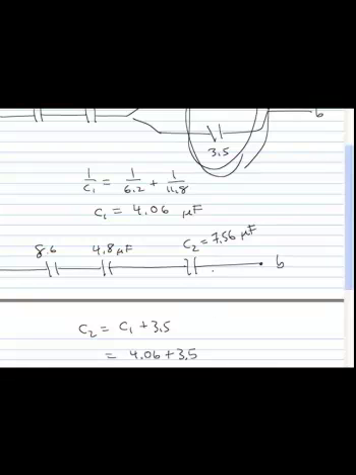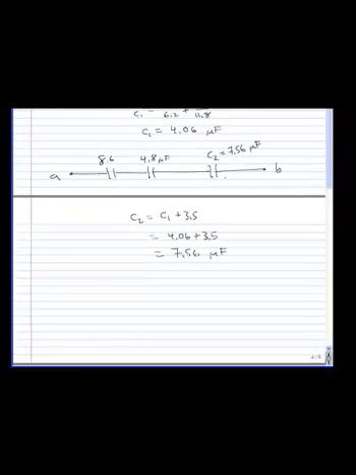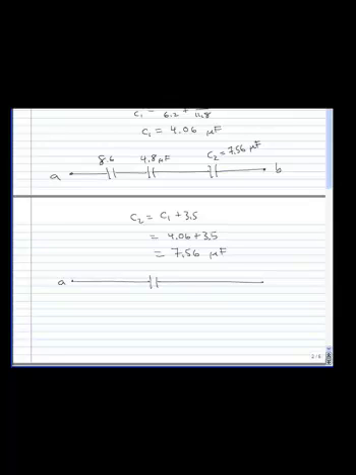And now I have three capacitors in series. So what I'm looking for is A, B, where I'm calling this C3 now, and 1 over C3 is 1 over 8.6 plus 1 over 4.8 plus 1 over 7.56, and I get C3 is 2.19 microfarads.